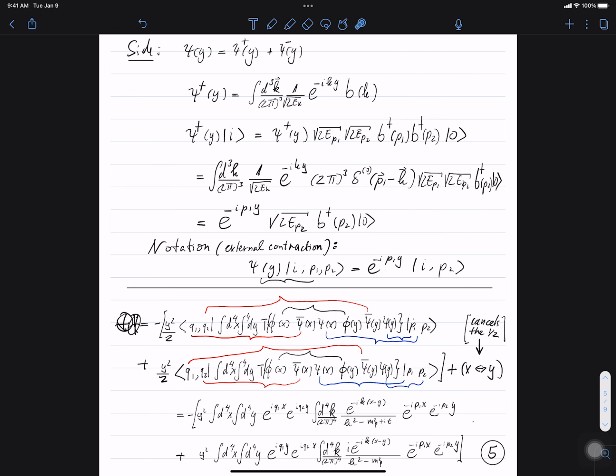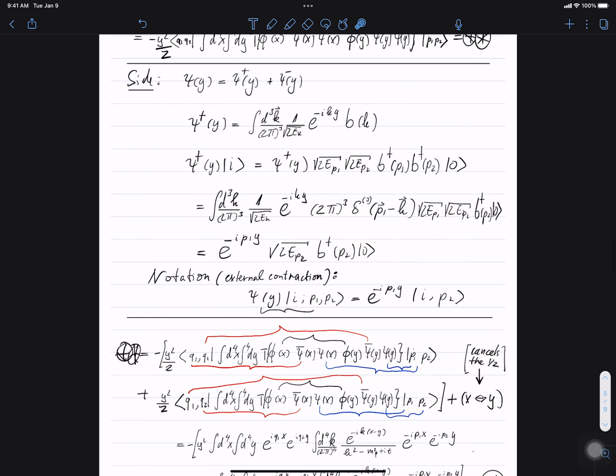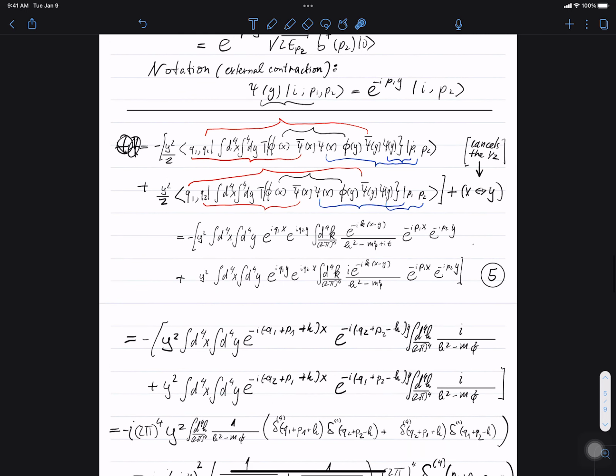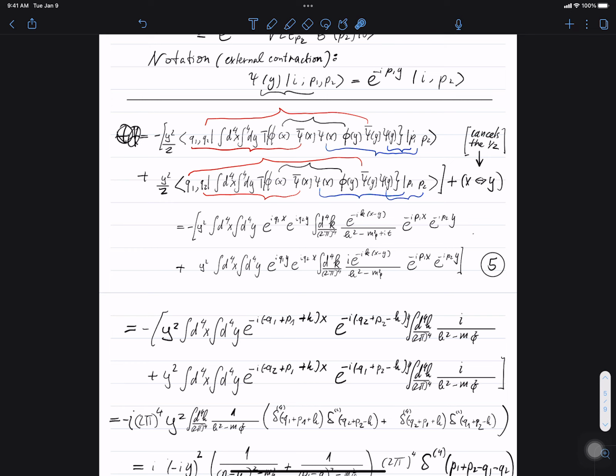Okay, this is good. So this allows us essentially to evaluate the amplitude by use of these external contractions and the internal contractions by the Wick theorem that we learned last time in lecture 10. So what are the possible contractions we can have?